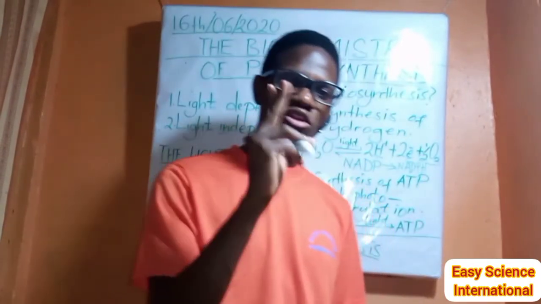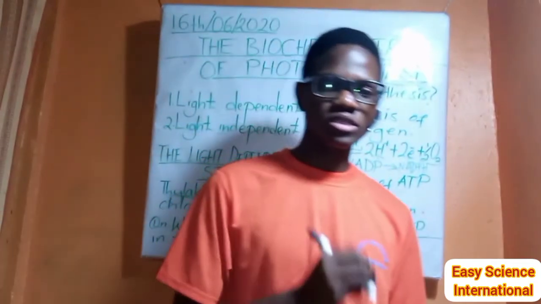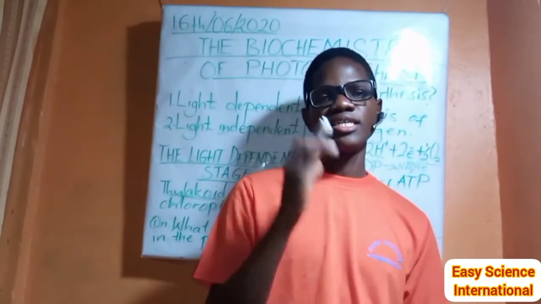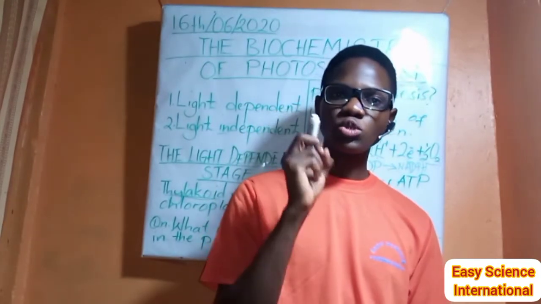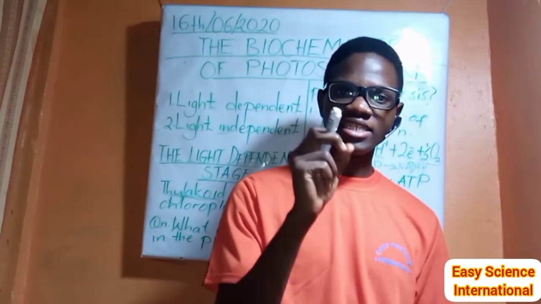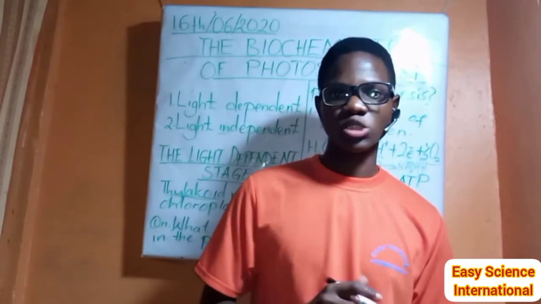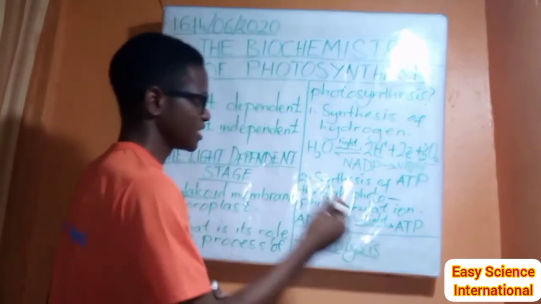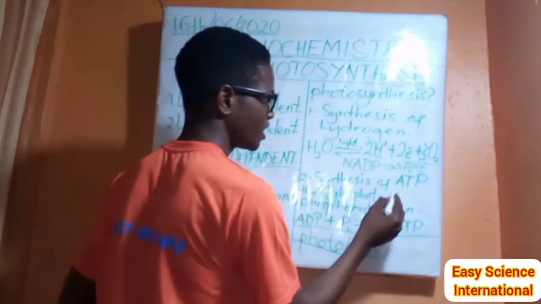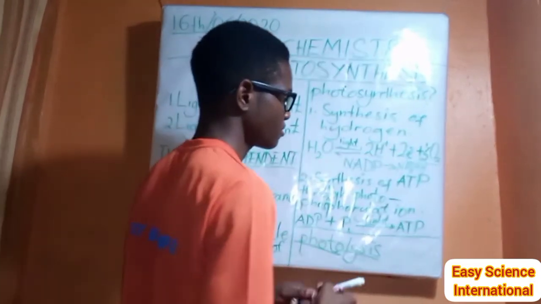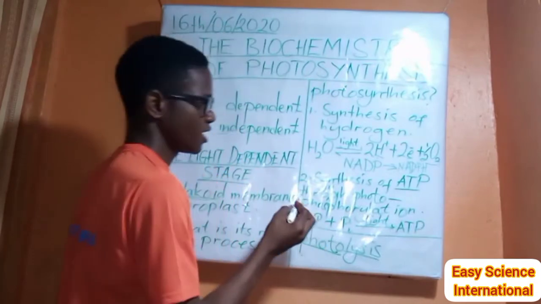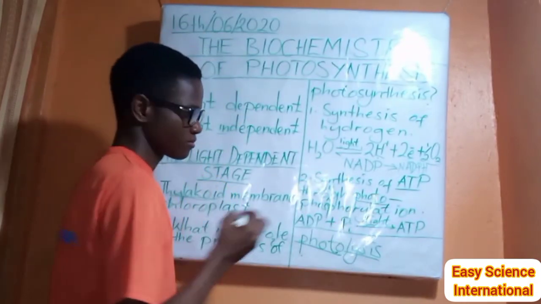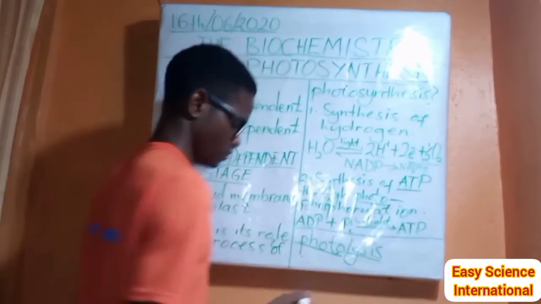The second role of the light dependent stage is to synthesize ATP in a process called photophosphorylation. Synthesis of ATP through a process called photophosphorylation.